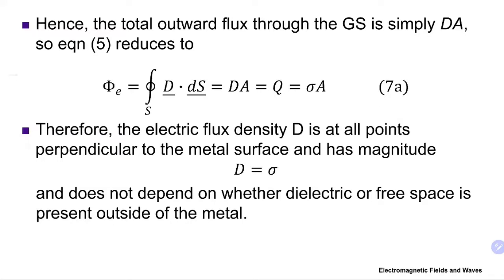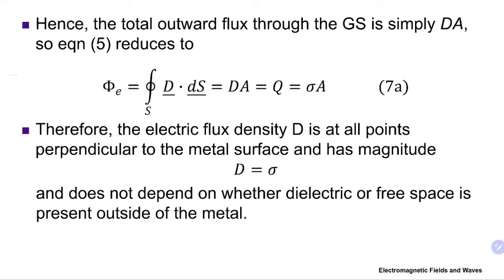The electric flux density is the same whether you have a dielectric material right outside the conductor surface or free space. It is the same magnitude, equal to sigma, the charge density. Okay, do you follow so far?